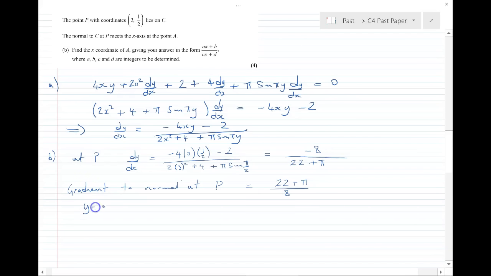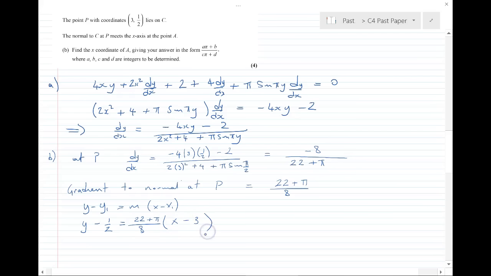So if I write y minus y1 equals m(x minus x1), well, the equation is y minus y1, and y1 is equal to a half, is equal to m, which is equal to this expression I have here, so it's 22 plus pi over 8, x take away 3.